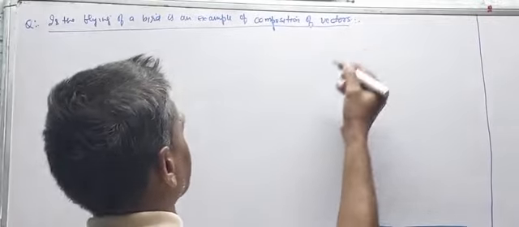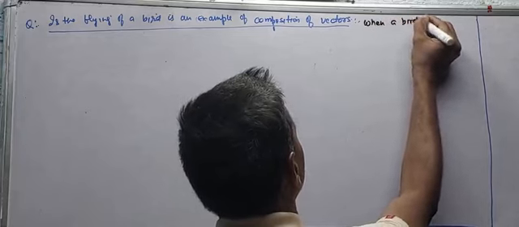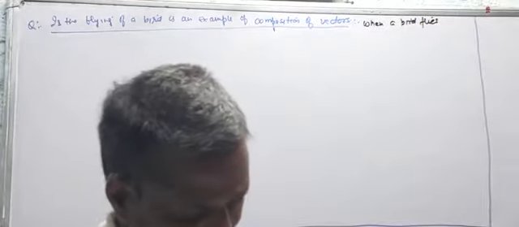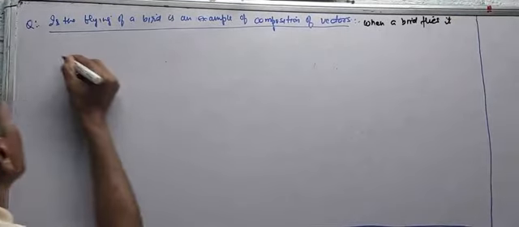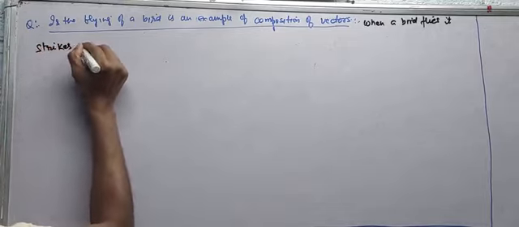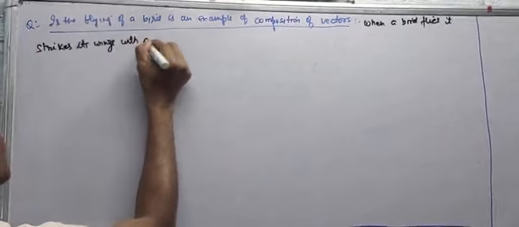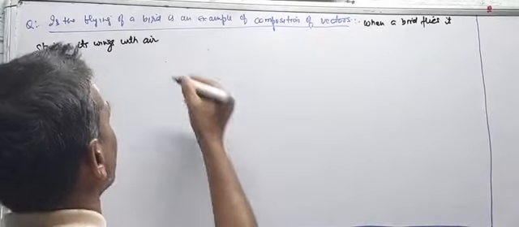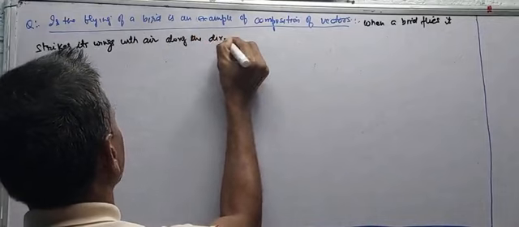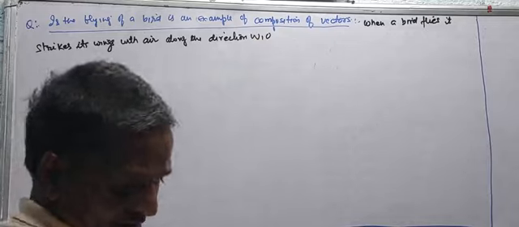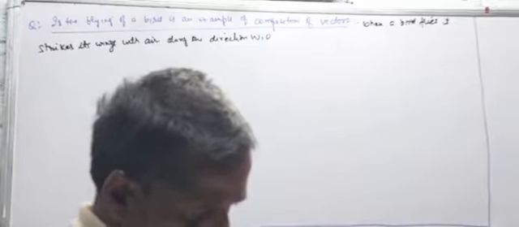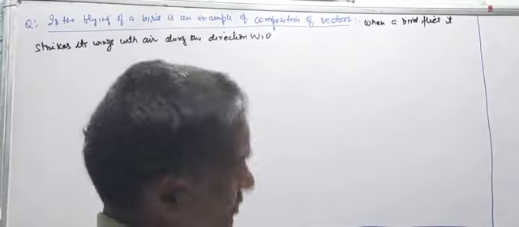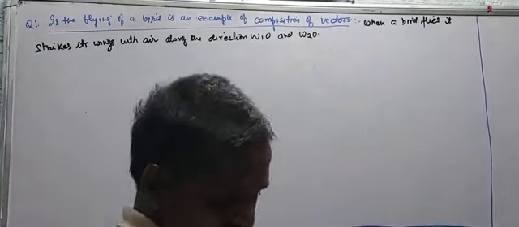When a bird flies, it strikes its wings with air along the direction W1O and W2O.